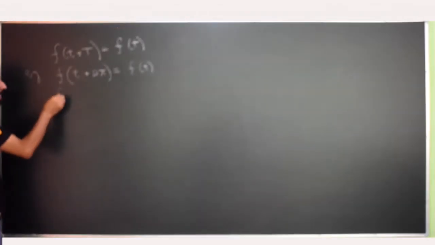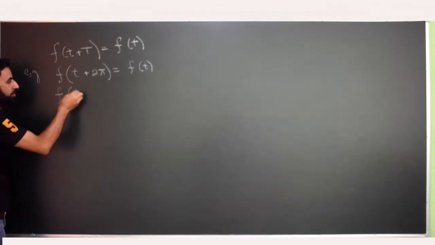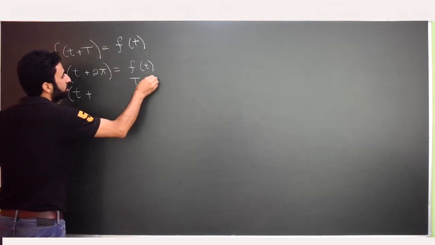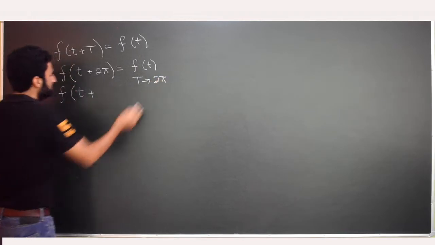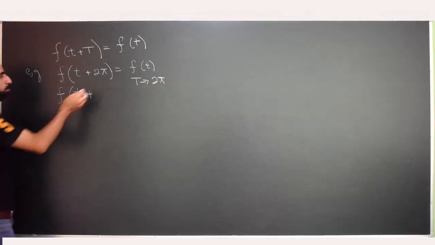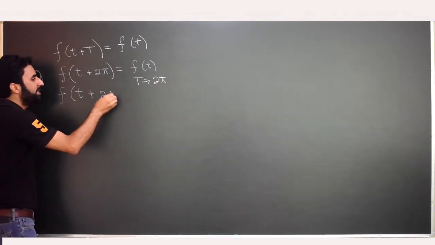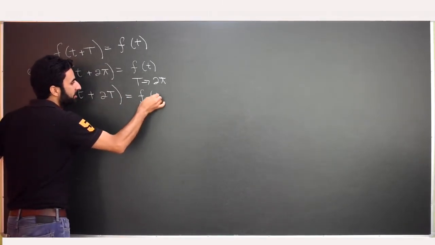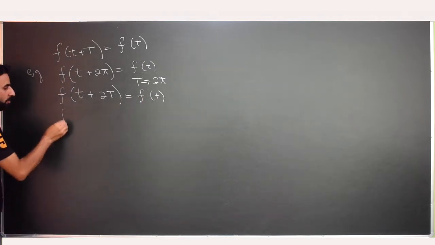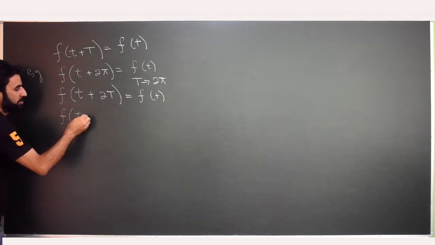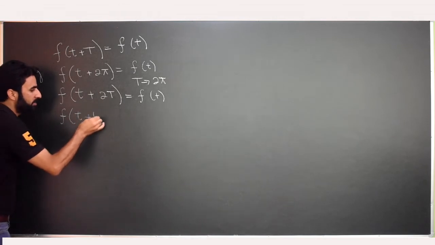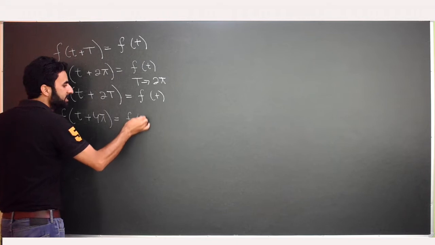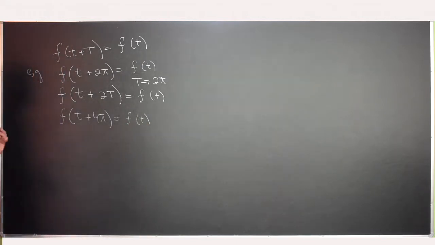Similarly, we will have f of t plus twice this time period. This will again be equal to f of t, which means f of t plus 2 into 2 pi, that is 4 pi, will again be equal to f of t. This is how we mathematically define a periodic function.